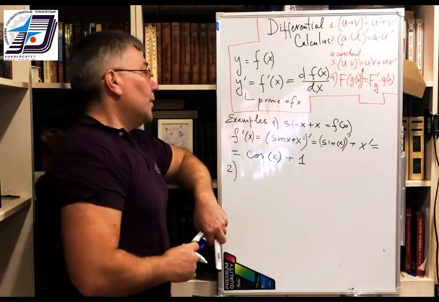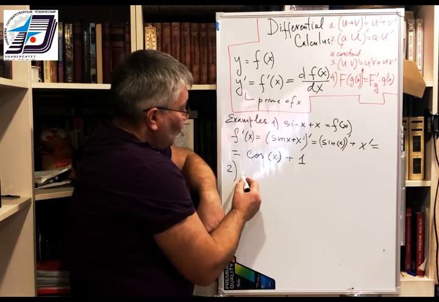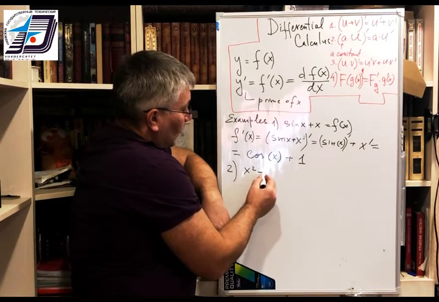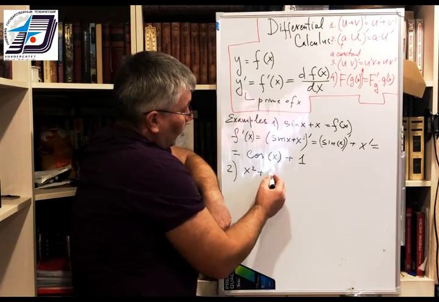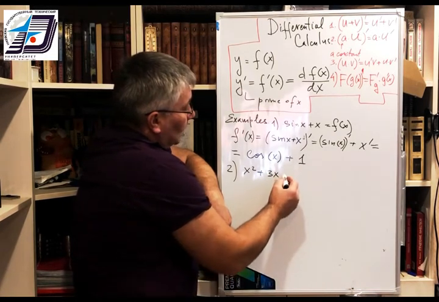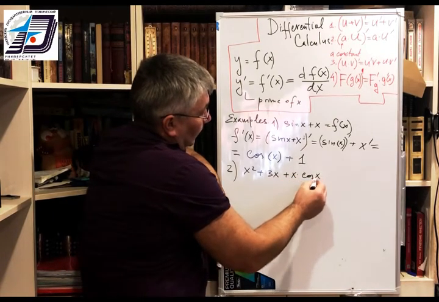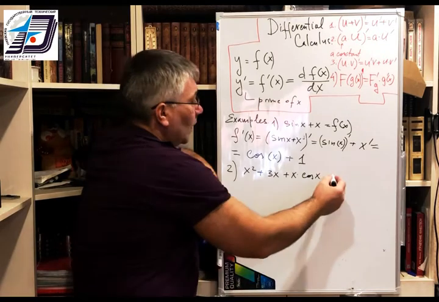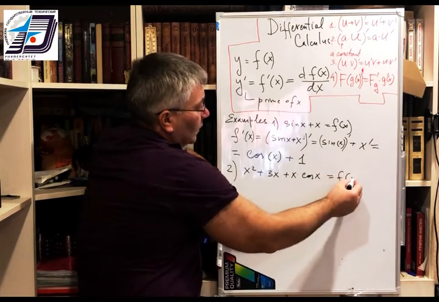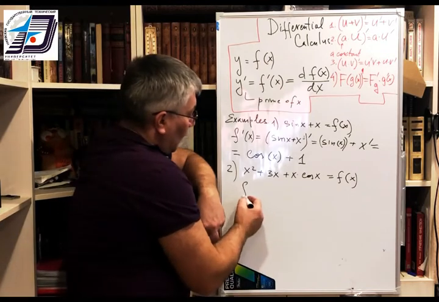The second example. For example, we have x squared plus 3x plus x times cosine x. This is the given function f of x, and I want to calculate the derivative of the function f of x.